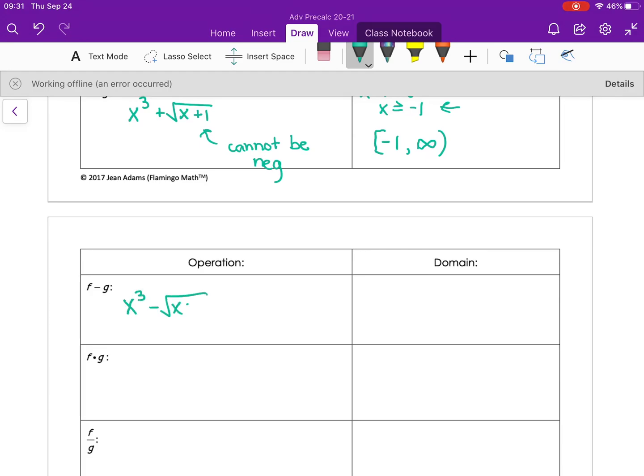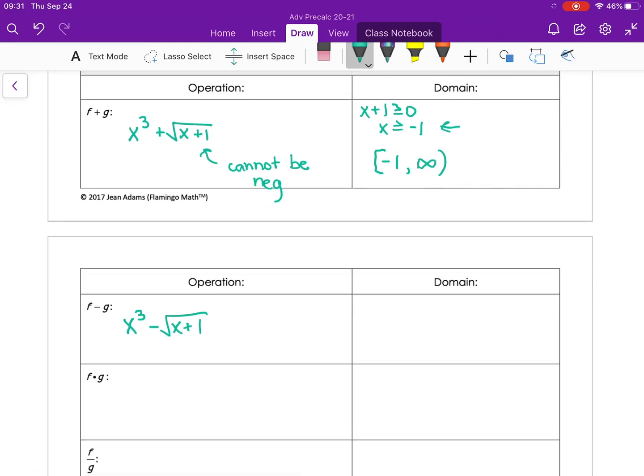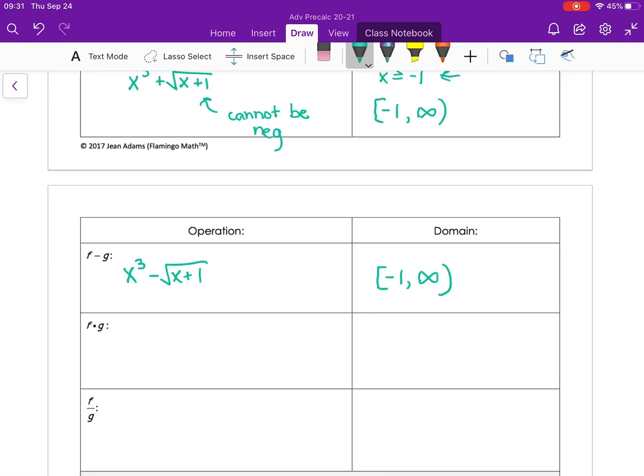All right, what does subtraction look like? x cubed minus square root of x plus 1. Again, there's really nothing to combine like terms with. The same is true here. We have the same thing under the square root. I would do the same work. There's no need to repeat, so my domain is the same. All right, multiplication. x cubed times square root of x plus 1.